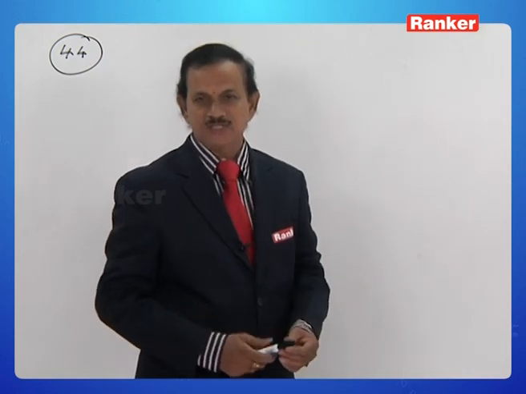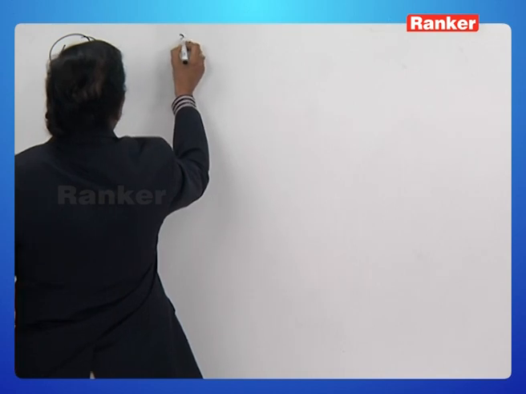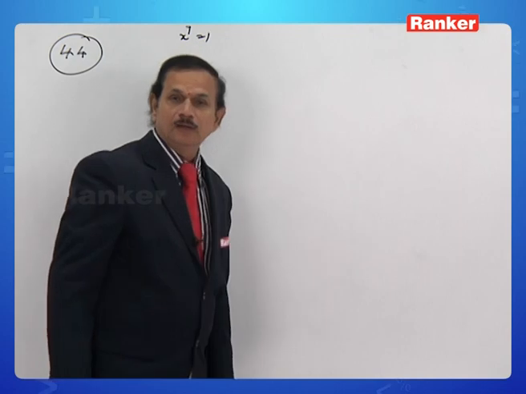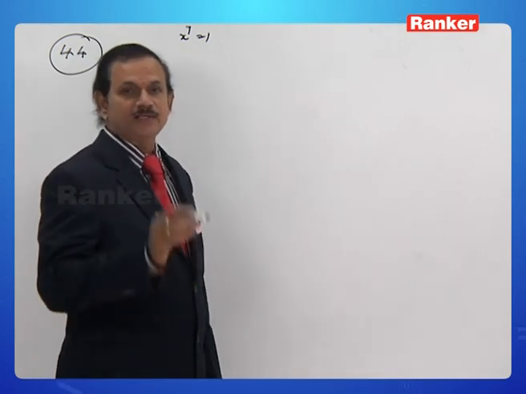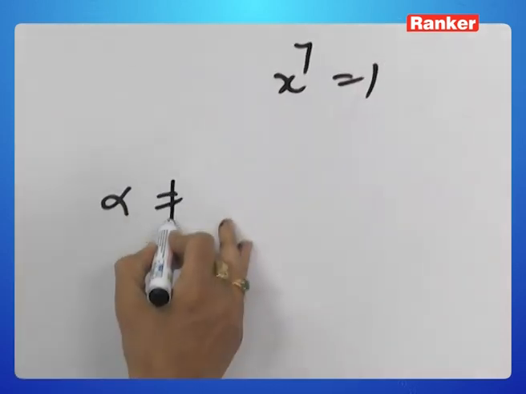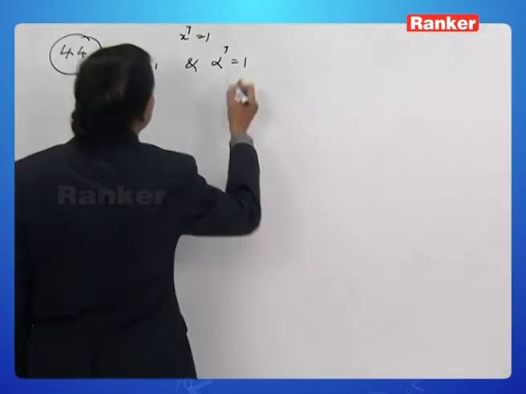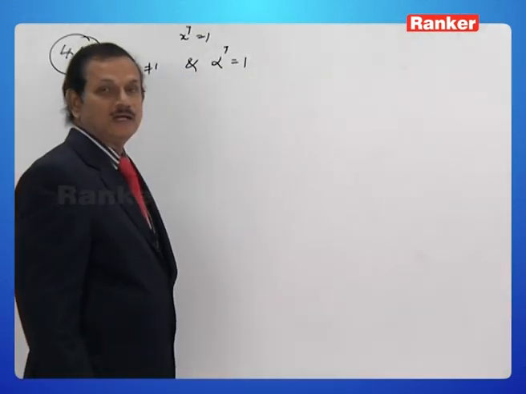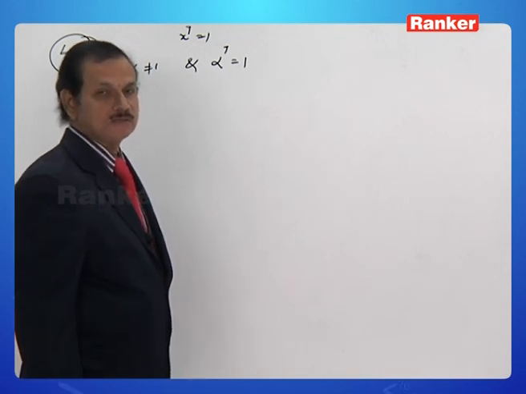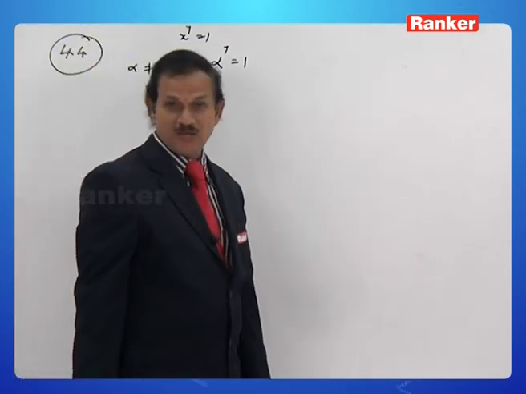Let us examine it. What is the given equation first of all? X power 7 is equal to 1. He is saying that alpha is a non-real root, which implies alpha is not equal to 1 and alpha power 7 is equal to 1. Of course, as alpha is the root of the equation, alpha power 7 must be 1.